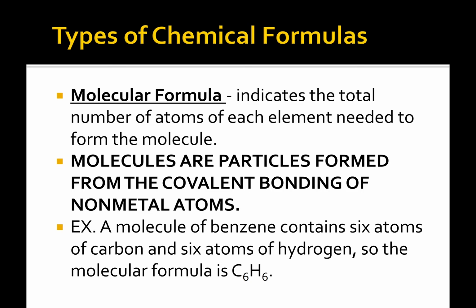For example, the molecule of benzene contains 6 atoms of carbon and 6 atoms of hydrogen for a molecular formula of C6H6. If we were to simplify this by dividing out a 6, this would become CH.